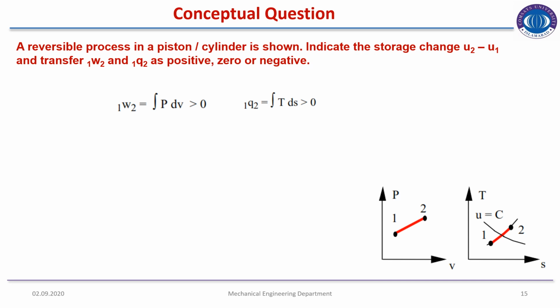For W1 to 2, that is equal to the integral of P dV, that is greater than 0 because the pressure is increasing, and Q1 to 2 is equal to the integral of T dS, that is also greater than 0 because the change of entropy is greater than 0.